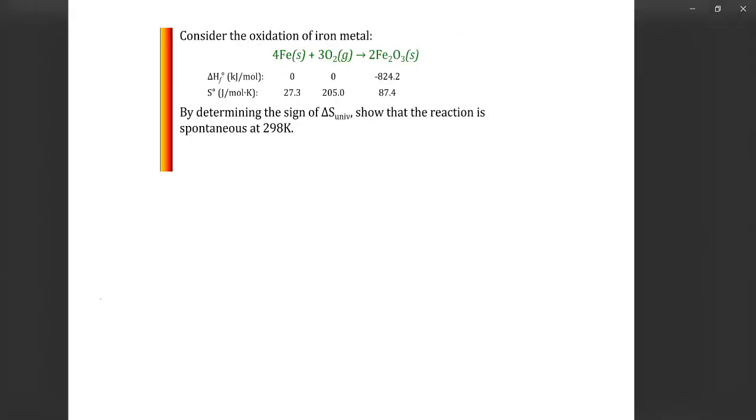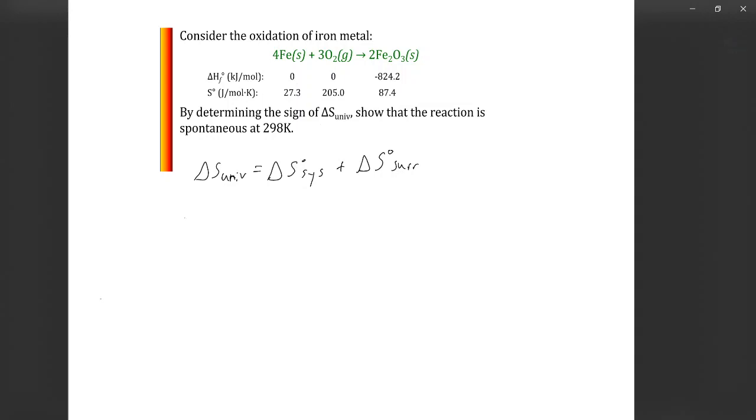Okay, so the problem wants us to calculate delta S of the universe. Remember, delta S for the universe is going to be equal to delta S of the system plus delta S of the surroundings. And again, just keep them in this order so that you know what you're working with here. We have to do two calculations here, unfortunately.